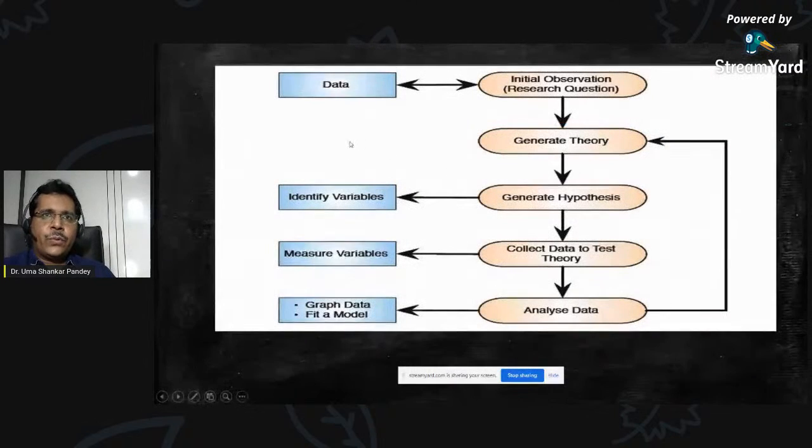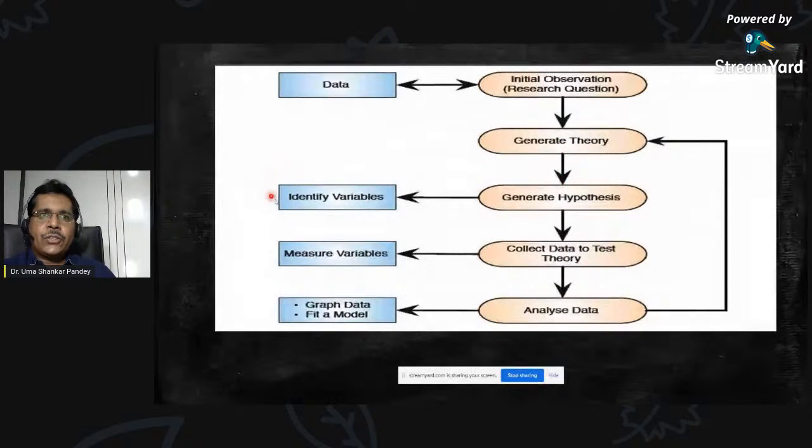If I have to divide that into parts, this is also possibly known to everybody: we start off with an initial observation, and then based on the data we refine the observation, and then we generate an initial theory, and then we generate a hypothesis.